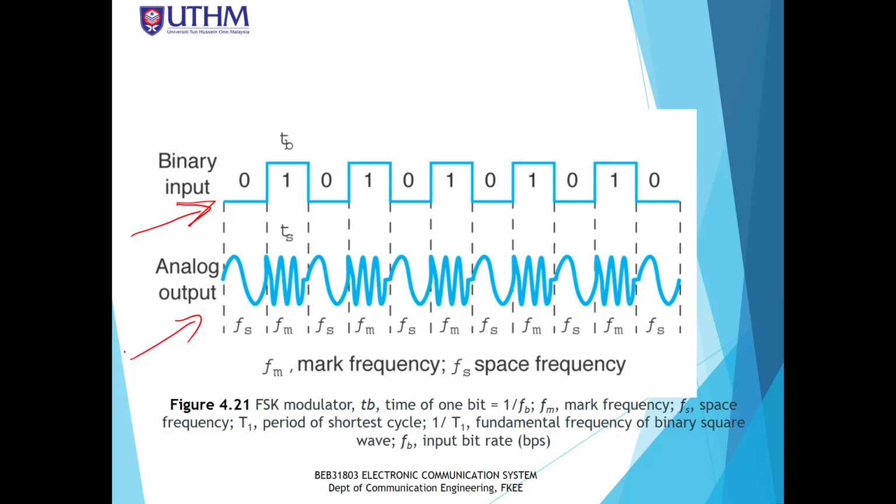The low frequency we call FS, space frequency. The high frequency we call FM, mark frequency. These are just the terms used to represent the output frequency of the FSK, space and mark, and so on. And TB is the 1 bit time.